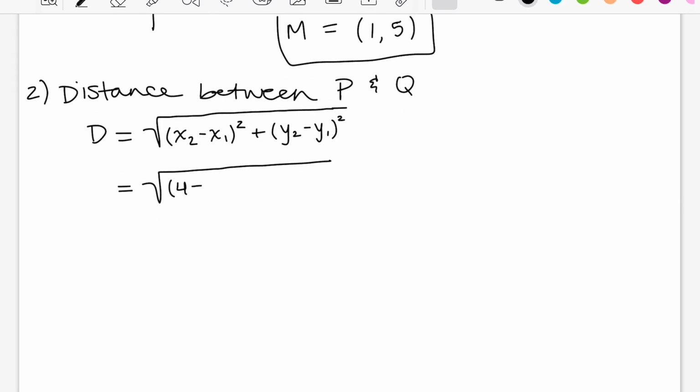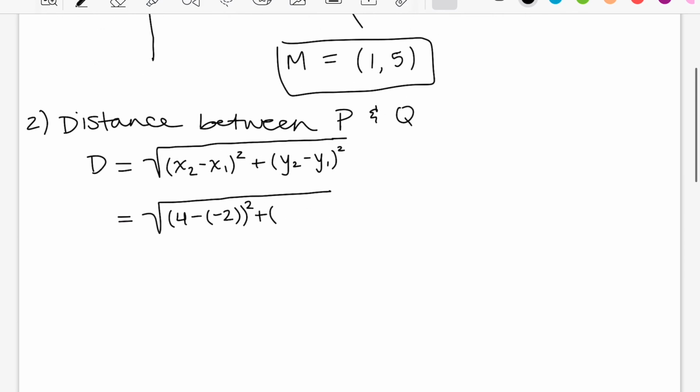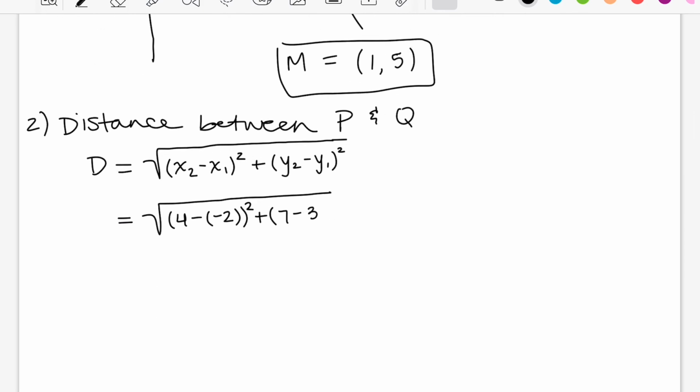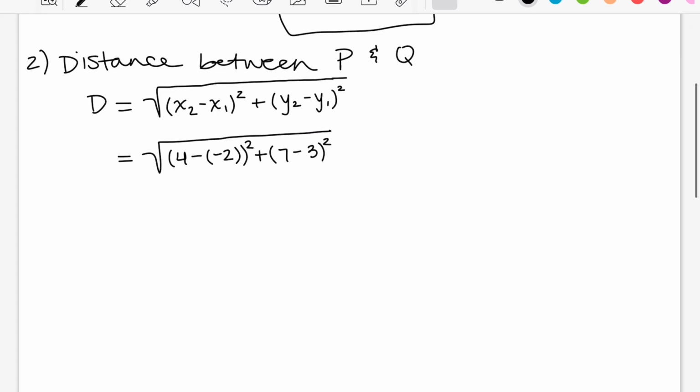So we have 4 minus negative 2, all of that squared. Then our y2, 7, minus our y1, 3, and all of that is squared as well. So following our order of operations, we have 4 minus negative 2, so that'll be 4 plus 2. So we get 6 in here, and then we're still squaring this. On this side, we have 7 minus 3, so that's 4, and that'll be squared.